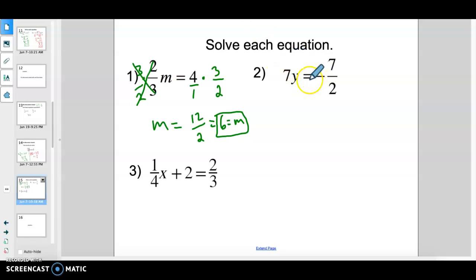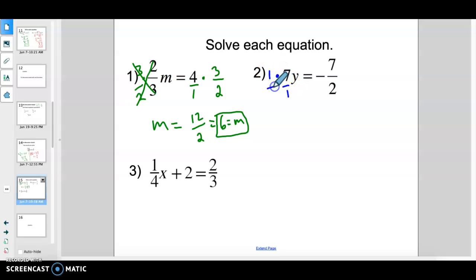So in the second problem, the fraction is not attached to the variable, but we still have a fraction going on. So if I try to divide by 7, doing this fraction divided by 7 would confuse me. So instead, I'm going to actually multiply by this reciprocal. So this is 7 over 1.